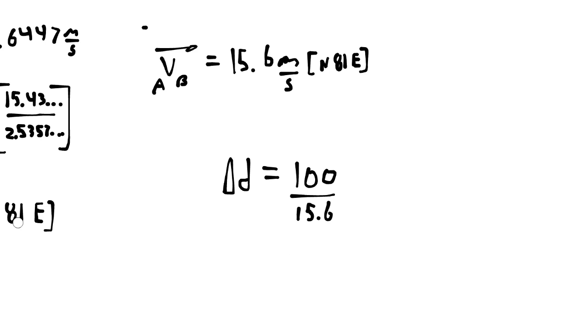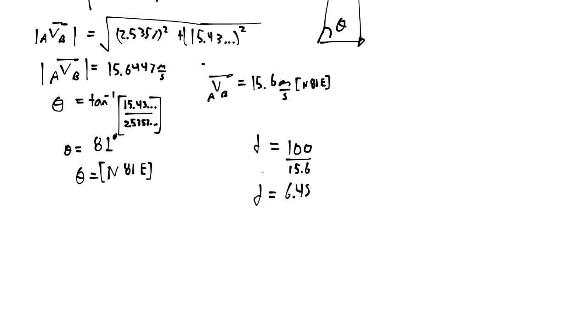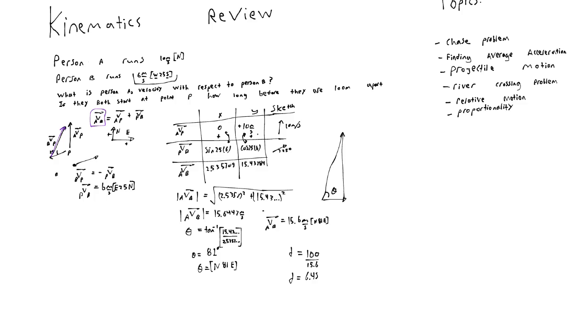Which I guess this wouldn't be delta D, but yeah, I'll just say distance. And that's 6.4 seconds. So after 6.4 seconds, they are 100 meters apart. And that is all for this one.